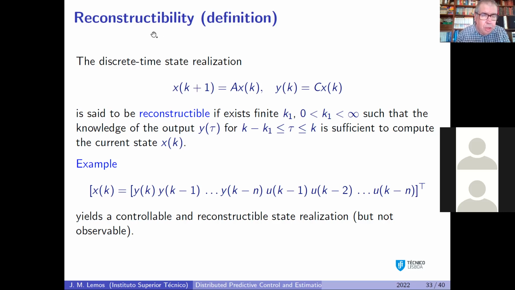In reconstructability, you are looking at the output and you are able to find what is the last state.